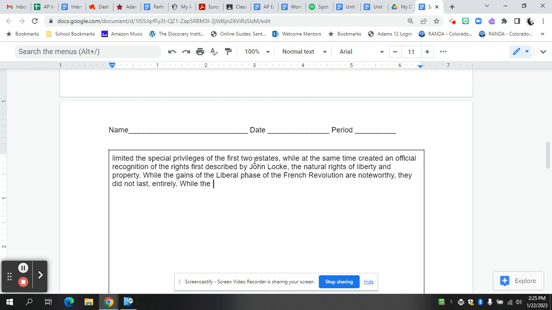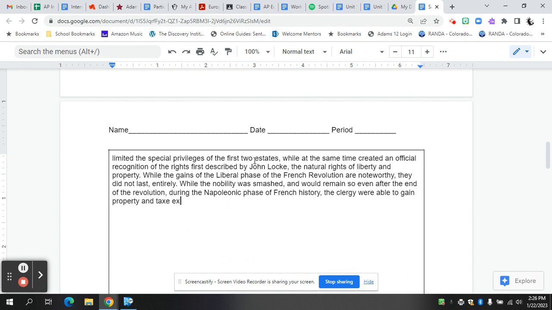While the nobility was smashed and would remain so even after the end of the revolution, during the Napoleonic phase of French history, the clergy were able to gain property and tax exempt privileges from the government.